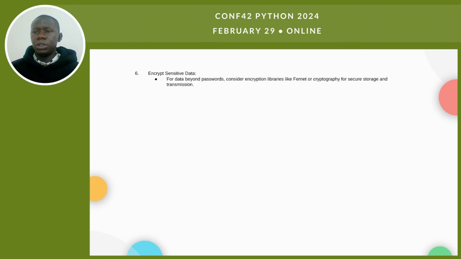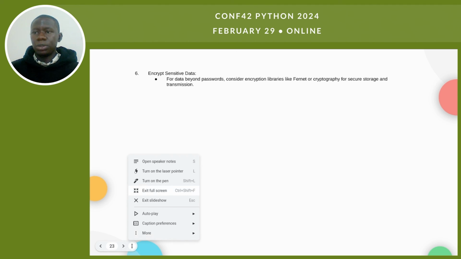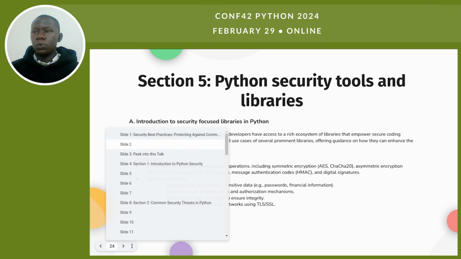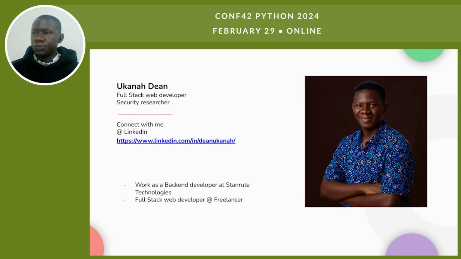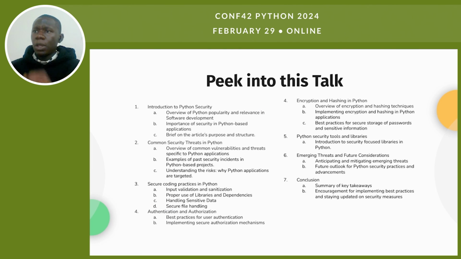We talked about the introduction to Python security, common security threats in Python, secure coding practices in Python, authentication and authorization, encryption and hashing in Python, which I gave a code sample, Python security tools and libraries, and emerging trends and future considerations. All of these are really important information.